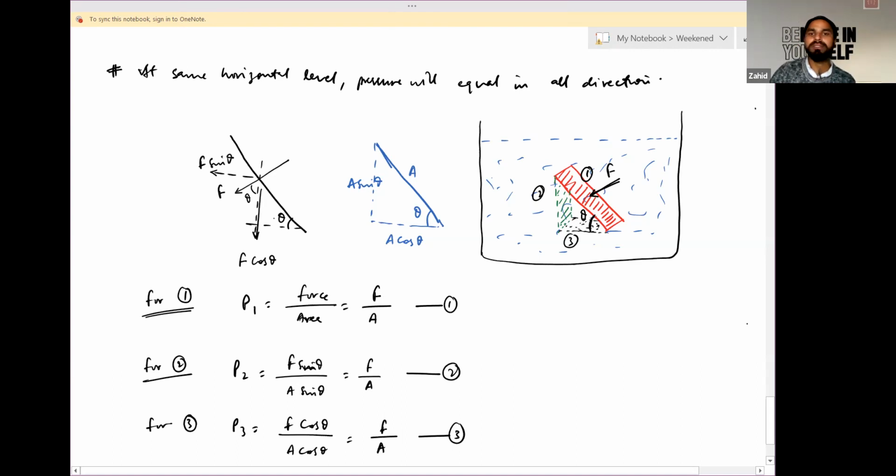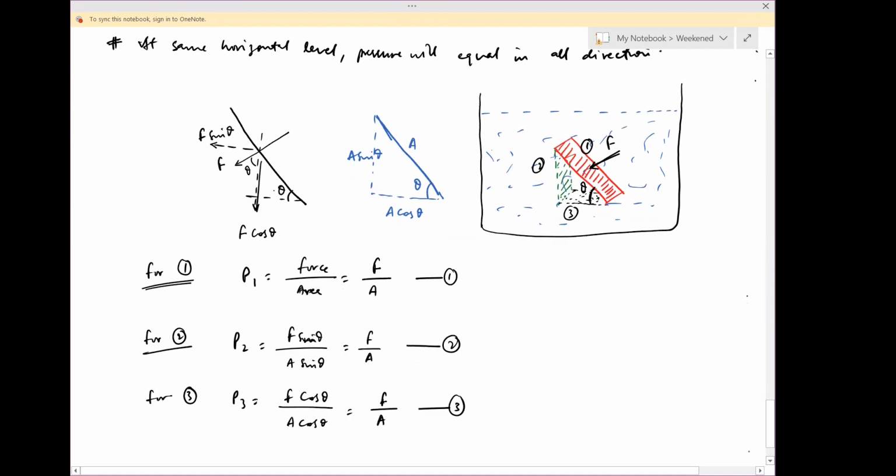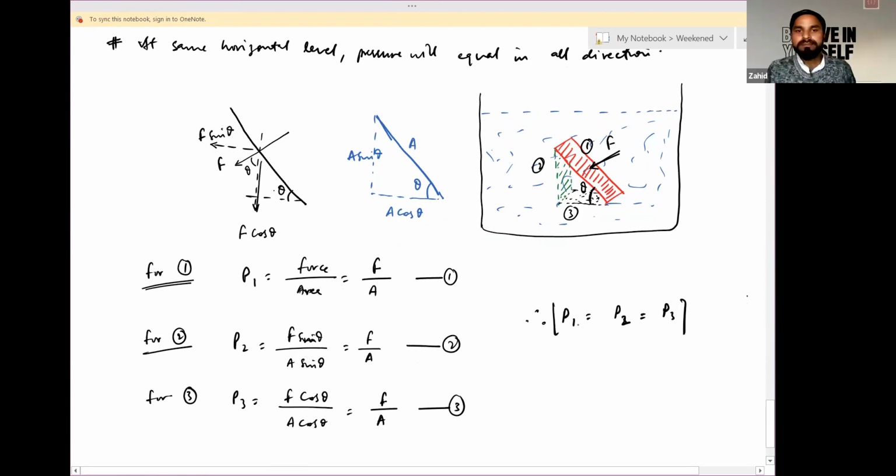So in all directions, at the same horizontal level, pressure will be equal. Is it clear? Yes. Wahid, is it clear? Okay, good.